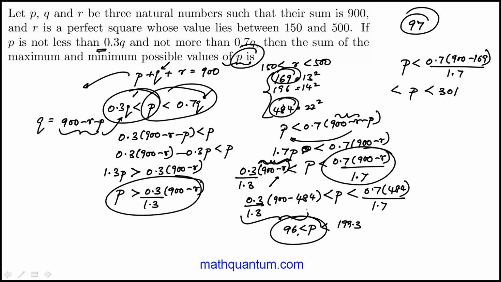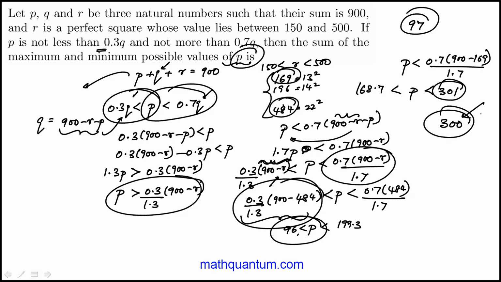And this number, the other side of the inequality, would be small, and let me actually just do that so that you can clearly see the answer. Actually, I have to do it the other way. So 169 times 0.3 divided by 1.3. So I get 168.7. So you can clearly see that the maximum possible value is going to be close to 300, one less than 300. So that's our greatest possible value.